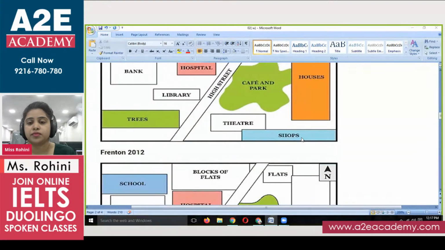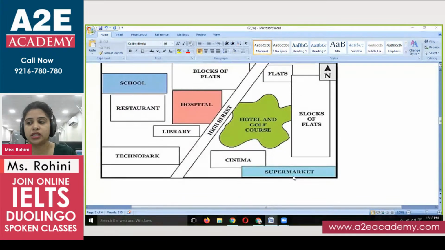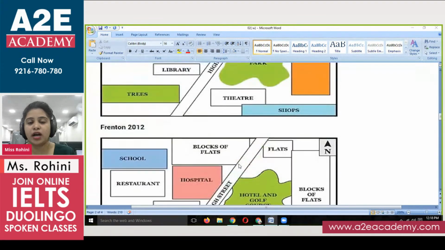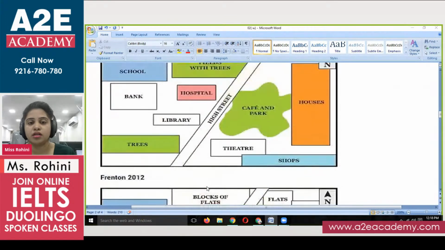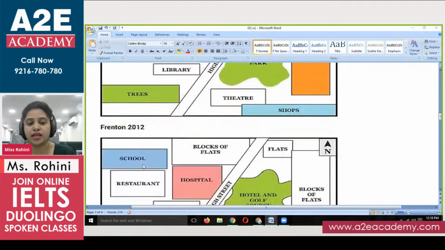Okay, shops are converted into supermarkets. Then the cinema is there in 2012, but here is a theater. The hospital is located; the hospital is there, but it enlarged in size. The bank is there, and the bank is replaced by restaurants.